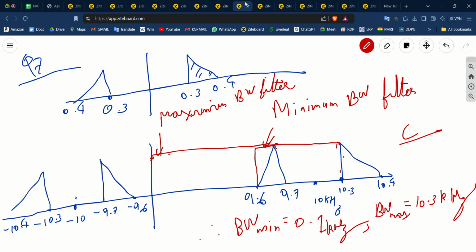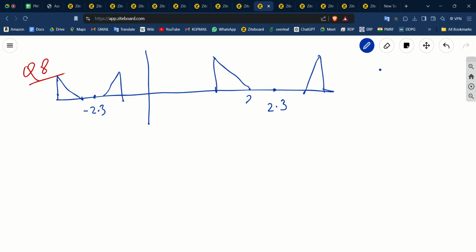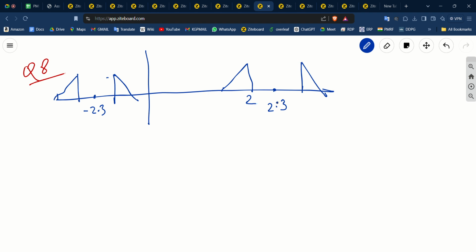Am I drawing it correctly? No, sorry. The opposite will be there. I drew the bands different. It will be like this. And this will be 2.6, 2.7, this will be 2 and 1.9.